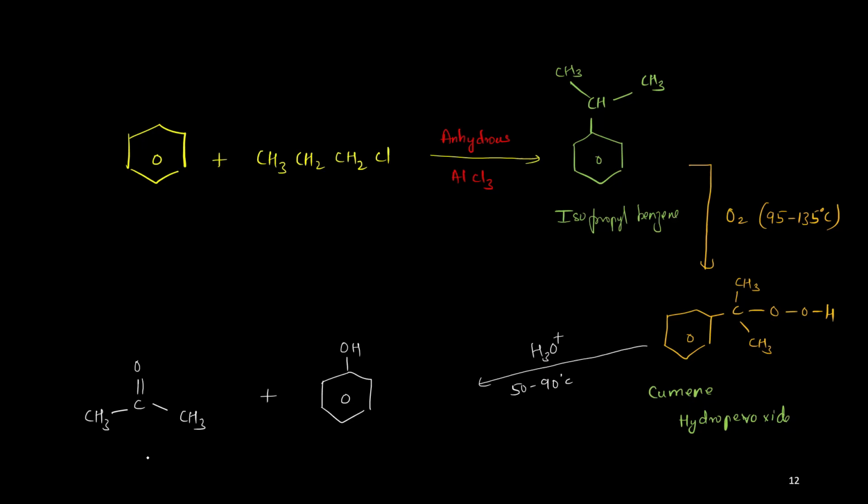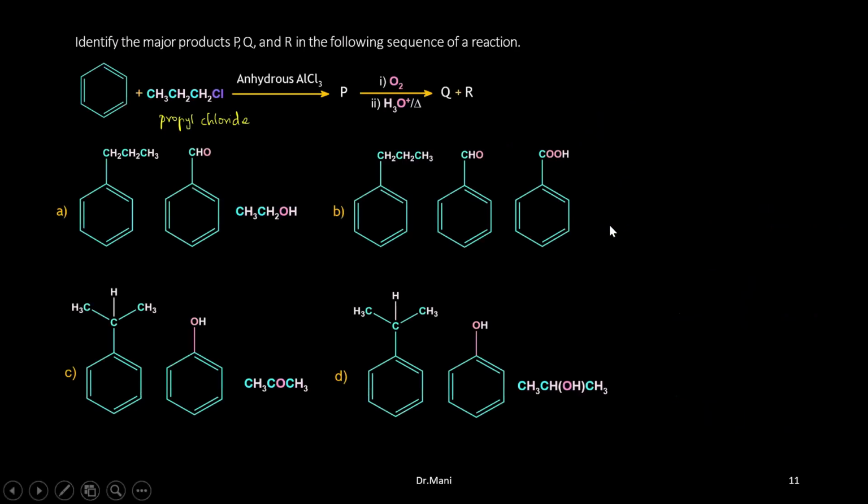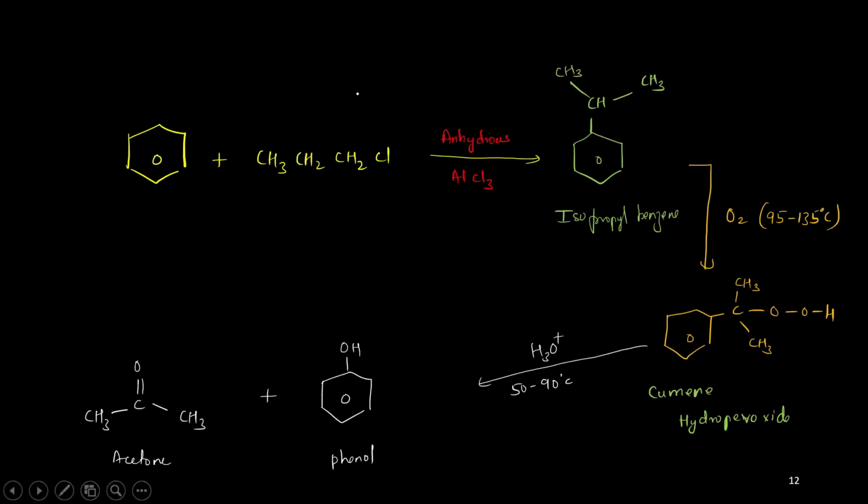So this is acetone and this is phenol. Okay, so these are the answers. P is this one, and you can take this as Q and this as R. Understood? Any doubts here?